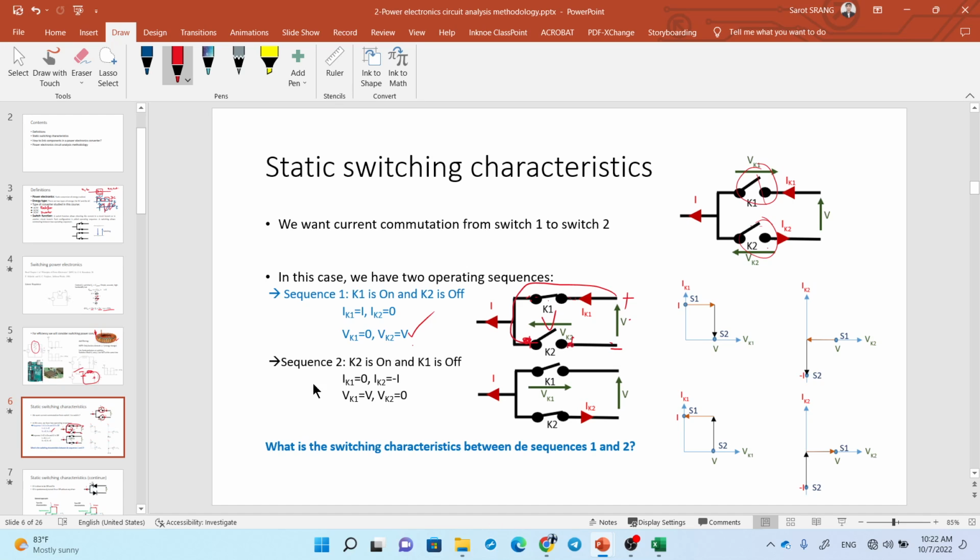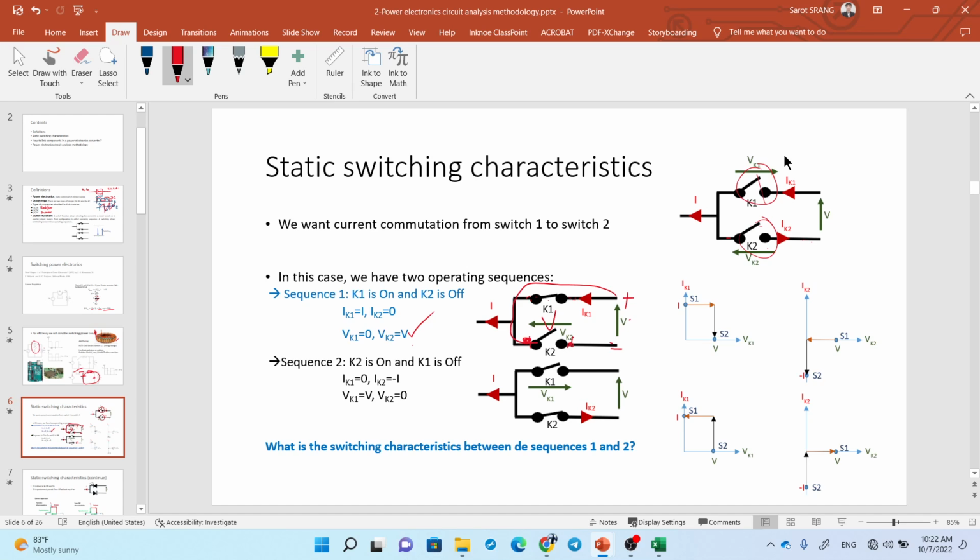For sequence 2, you change the switch: this one to be off and this one to be on. So current IK1 is 0 now, and IK2, because your convention is that current flows this way for this branch, and you have a convention that current flows this way, then it means current IK2 equals minus I, right?